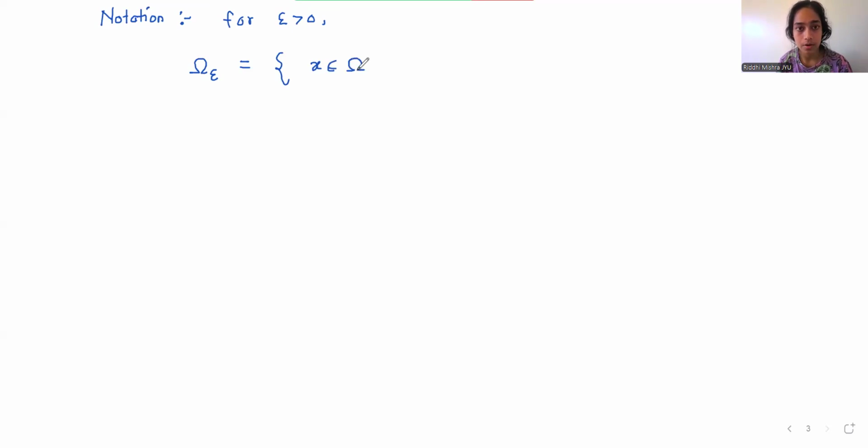Now, the second part: I will define some notation. The first notation is, for any epsilon, omega epsilon. This set contains all those points in omega whose distance from the boundary is at least epsilon, meaning greater than epsilon.